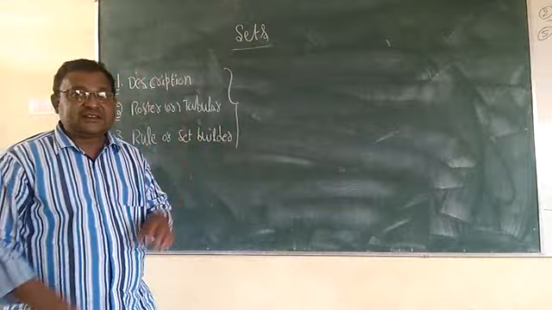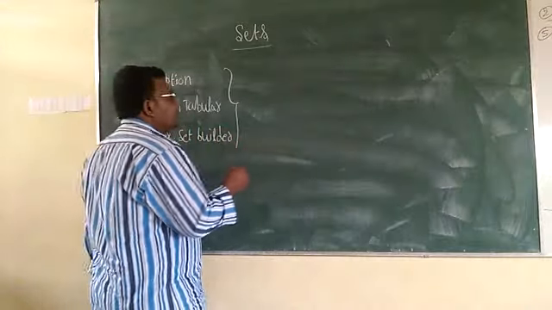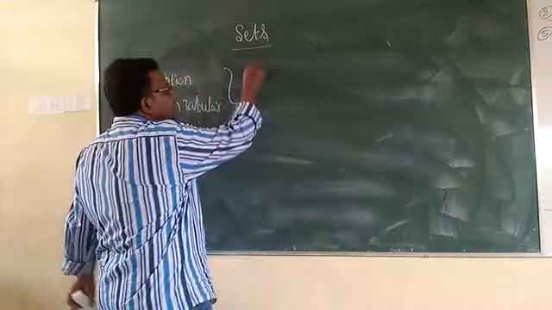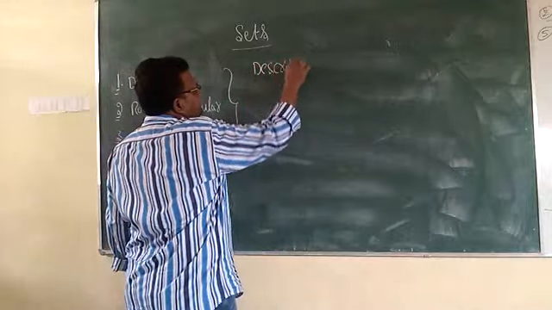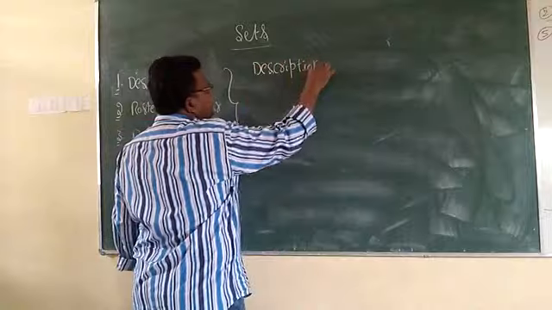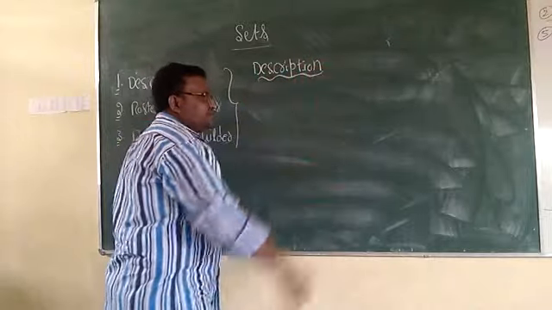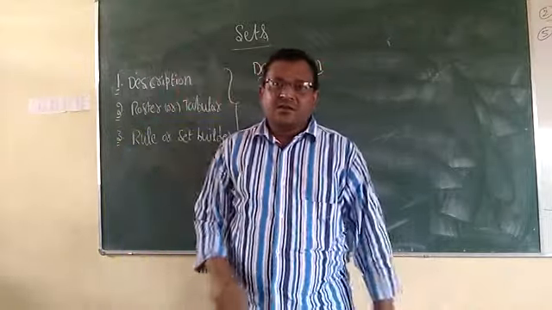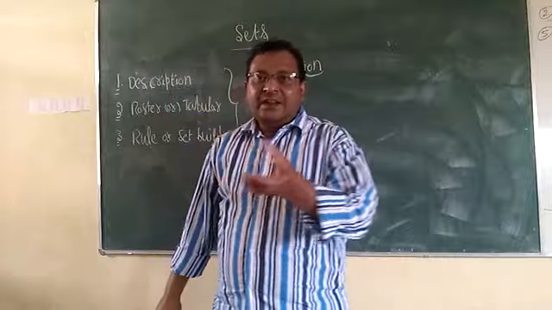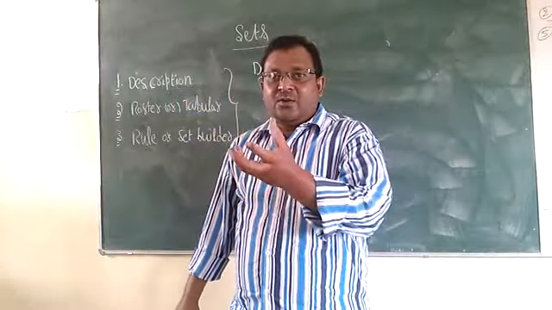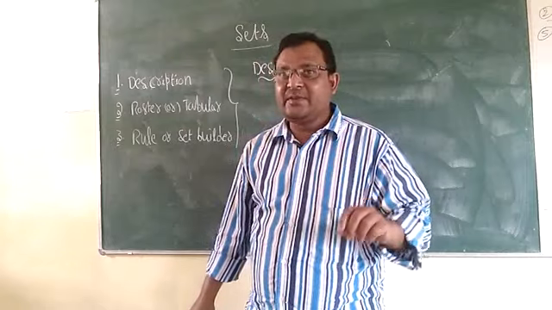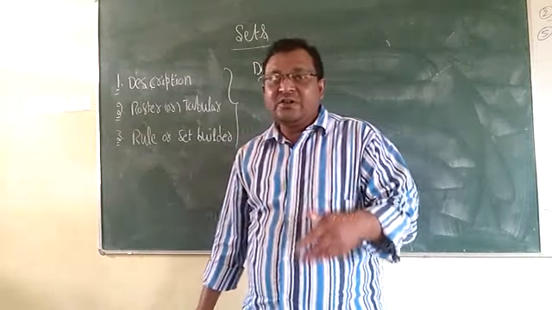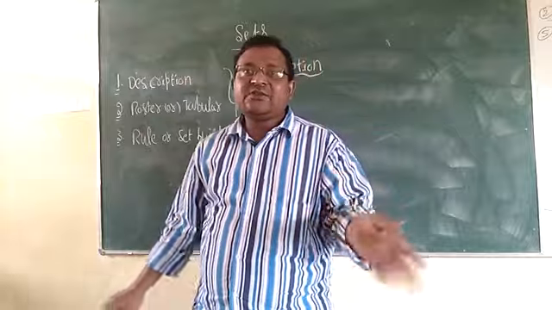And what are these 3 types? The first one, the description method. In this description method, according to the rule, one description will be prepared, and to denote the set we use the description.